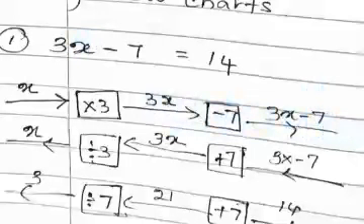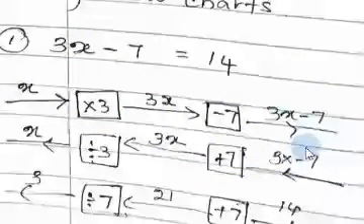So this is the equation. This is how you build the equation. Now you have to take the inverse of the above set of activities. Here in the second part, you have to take the inverse of the above steps.